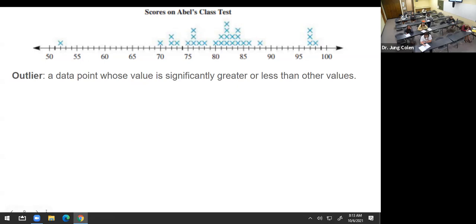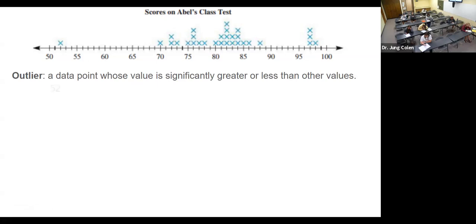It is a candidate for an outlier because we need to calculate whether it is one or not. We're going to talk about how to find the outlier later. So for now we can say that 52 seems like an outlier, but we need to test it.